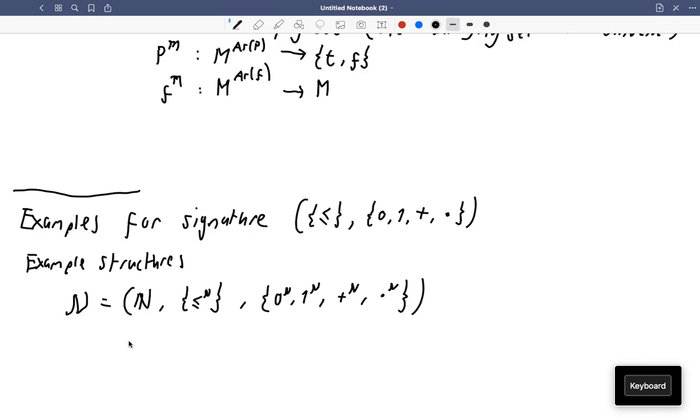And that's easily done because we just take the natural interpretations.